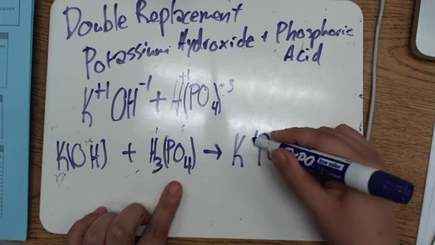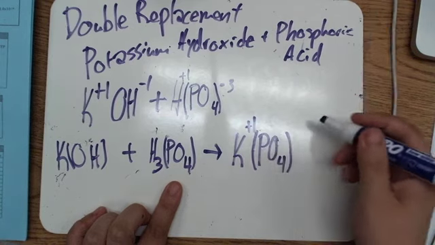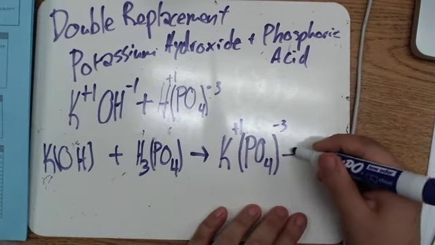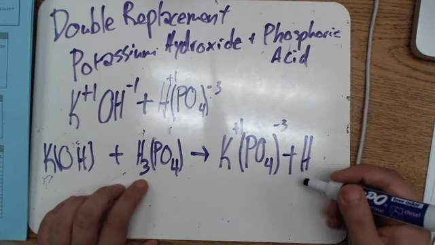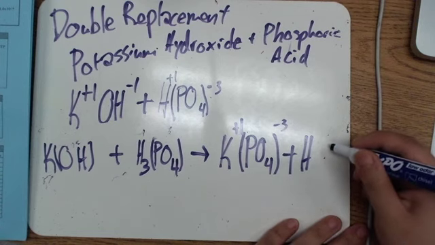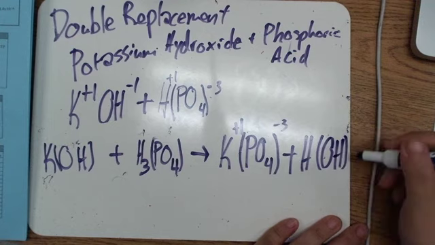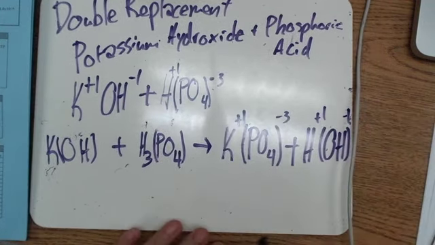And again, this is an ionic compound, so I need to write my oxidation numbers. K +1, PO4 -3, plus, right, H, and I don't bring over my subscripts. And then HOH is going to be like this, right? So +1, -1.